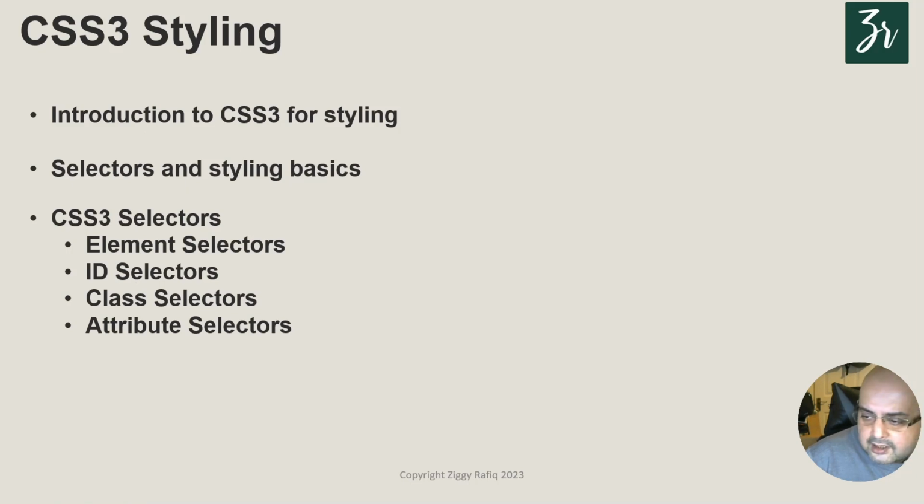The class selector provides a way to style multiple elements that share the same class. This is very useful for styling similar form elements. The attribute selector enables us to style elements based on their attributes, for example styling all input fields with the required attribute.